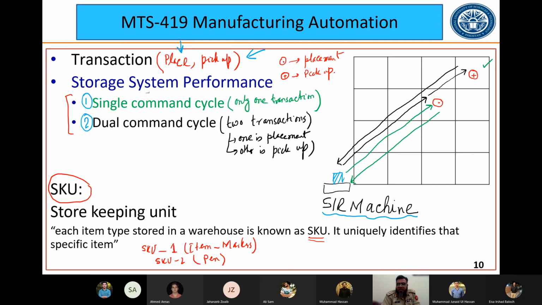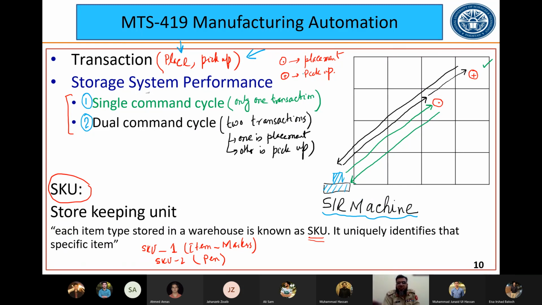So this is our SR machine. SR machine is actually the storage and retrieval machine. This moves into the storage system, and either it places items or it picks up the items.